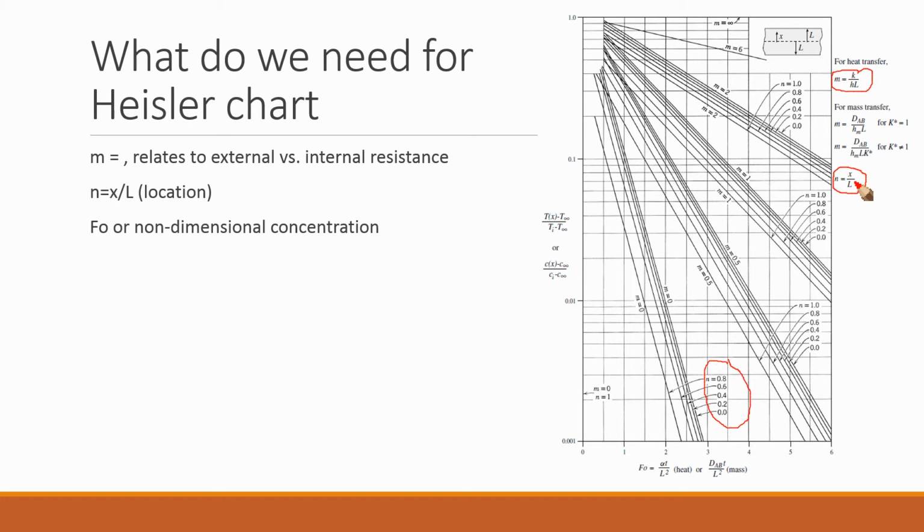It's a non-dimensional position. So once we have chosen n, then we have a single line, and our y-axis is the non-dimensional concentration. In this case, we are given a moisture for which we have to find the time. So we're given the y value for which we have to find the x value.